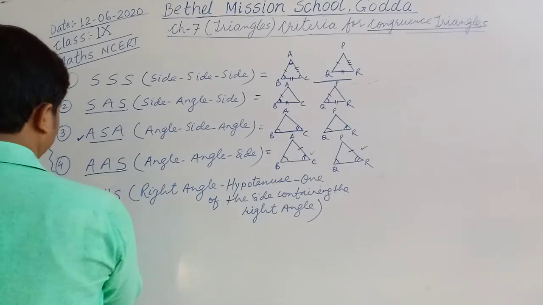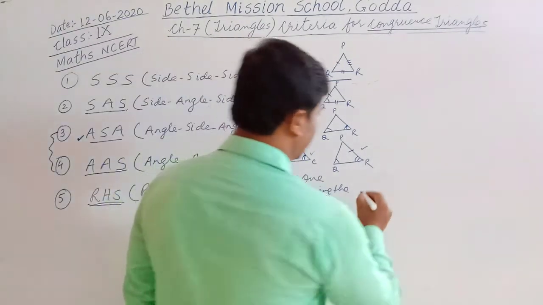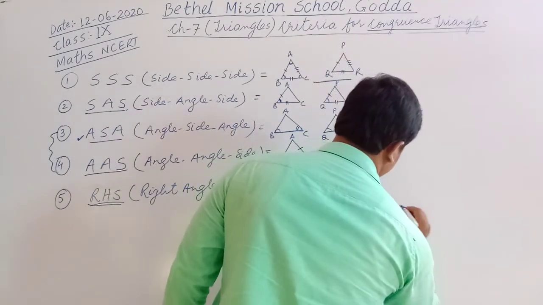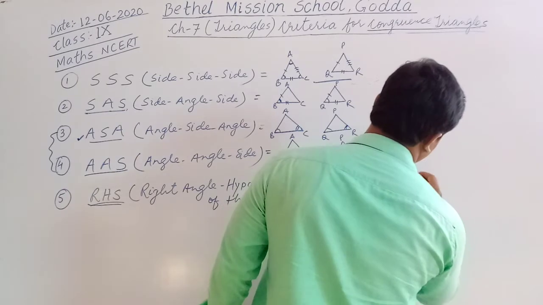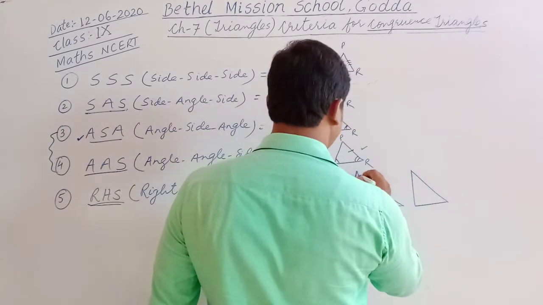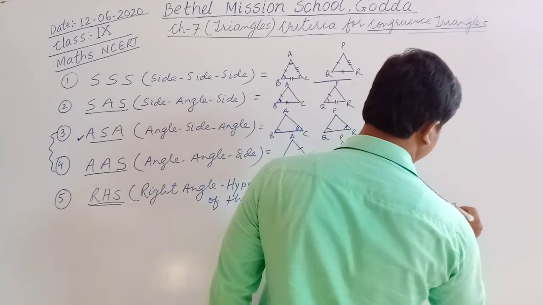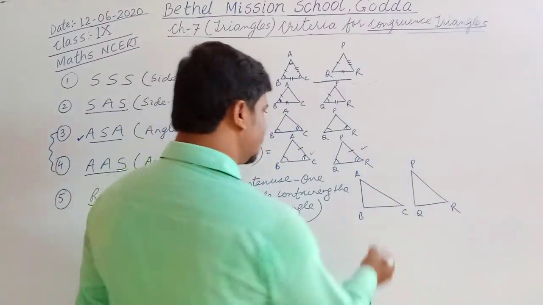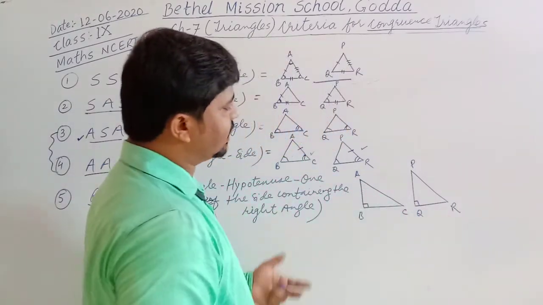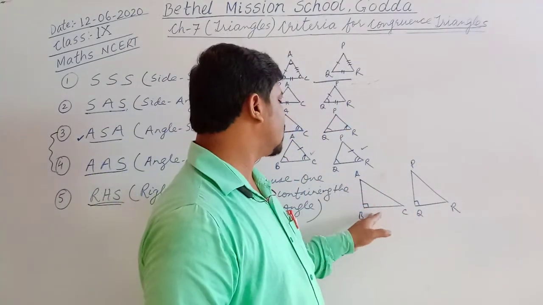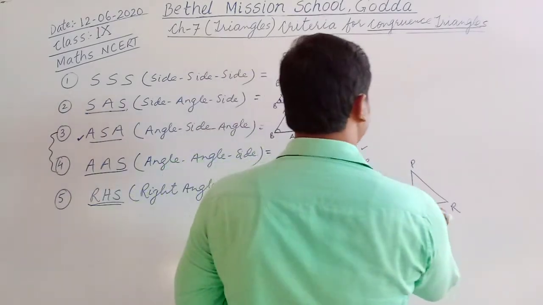Let's come to this criteria, that is RHS. And what is RHS? See the diagram. I have drawn two right triangles, triangle ABC and triangle PQR. If there are two right triangles, then you know that obviously one of the angles is a right angle, so that is already equal.